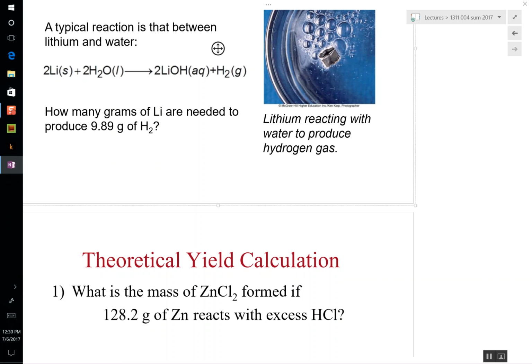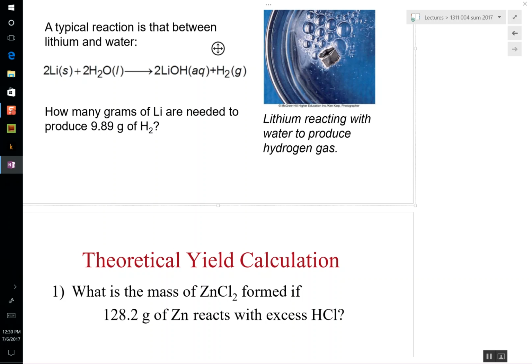I'm going to do a number of problems here that are going to be representative of the different types of problems you are going to face around a chemical equation, particularly when it comes to calculations.